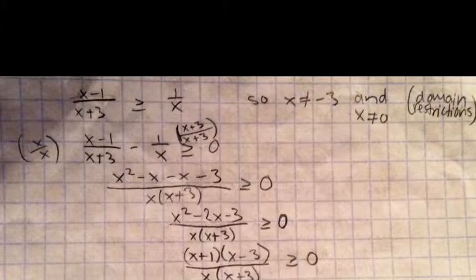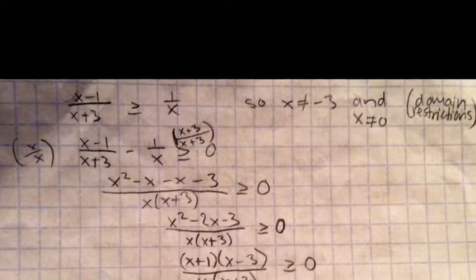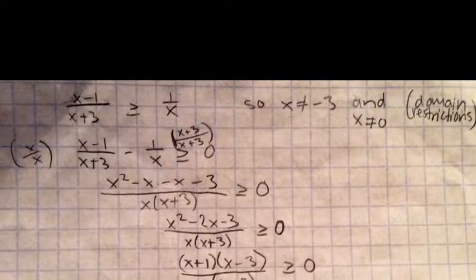Now that you have x minus 1 over x plus 3 is greater than or equal to 1 over x, we can subtract 1 over x from the right side. So we have x minus 1 divided by x plus 3 minus 1 divided by x is greater than or equal to 0.